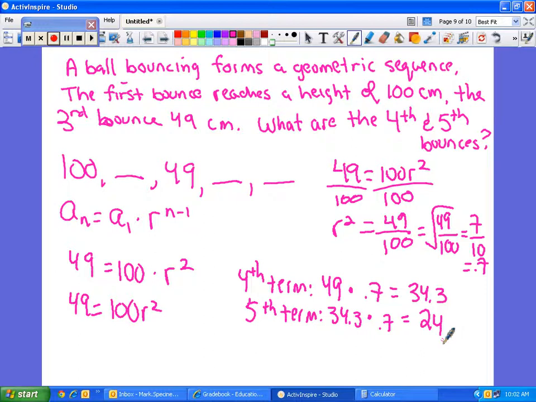And since we are talking about a real-world application, we must include units. So this is going to be centimeters here, and centimeters there.